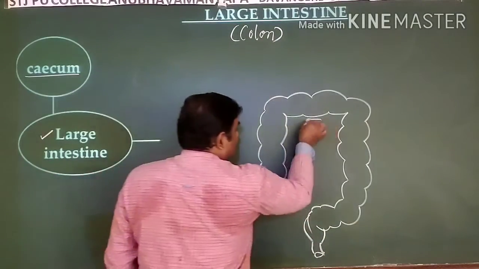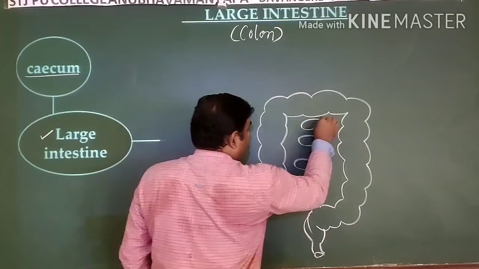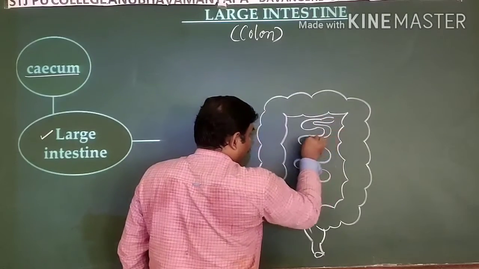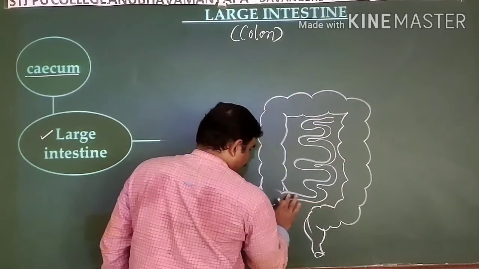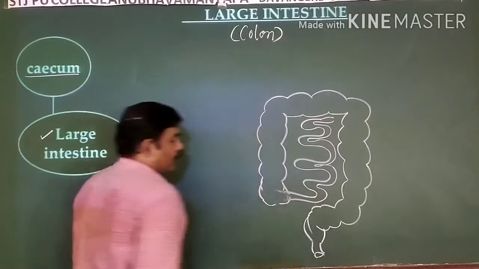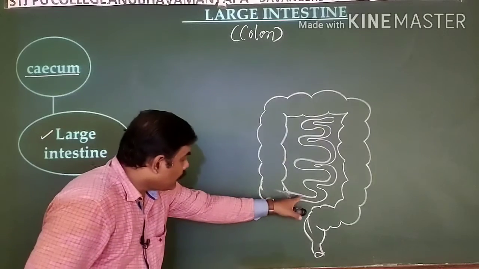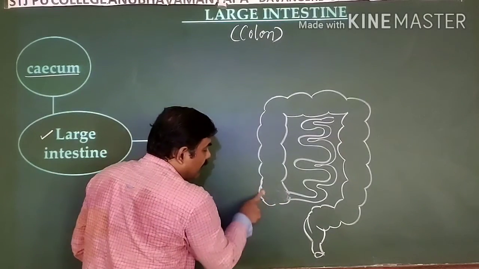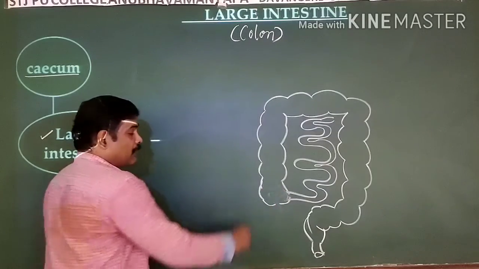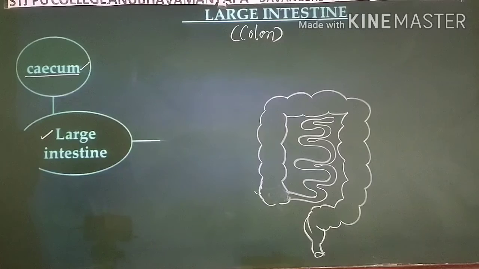There you can see the small intestine is present. The small intestine actually opens into this large intestine at a blind sac-like structure. This particular part is known as the cecum.